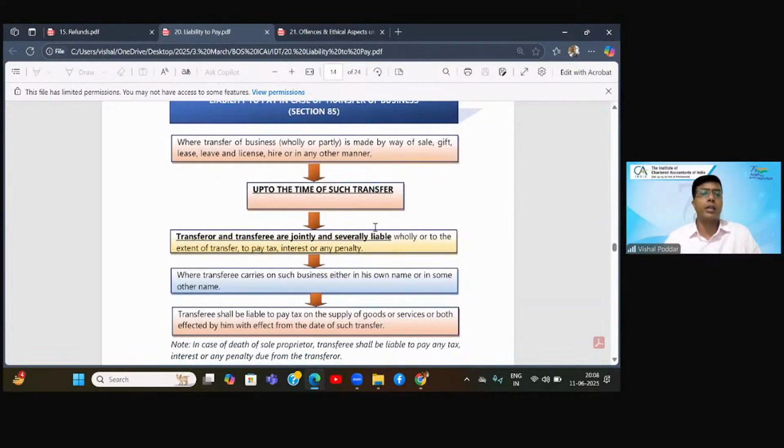Wherever I transfer business to you, so whatever is the liability till the date of such transfer, that liability, which may be towards tax or interest or penalty, is applicable jointly also and independently. Severally means independently also to both transferor and transferee.